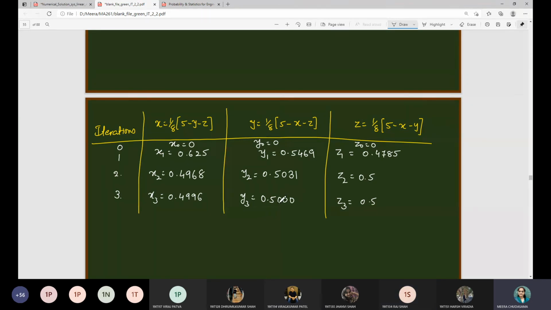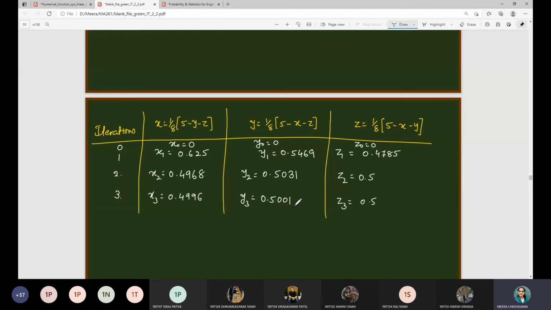What, Y3 you are talking about or Z3? Ma'am, Y3 is 0.5005. तो round off करने पर क्या होगा? 0.5001. And Z3 will be 0.5, right?